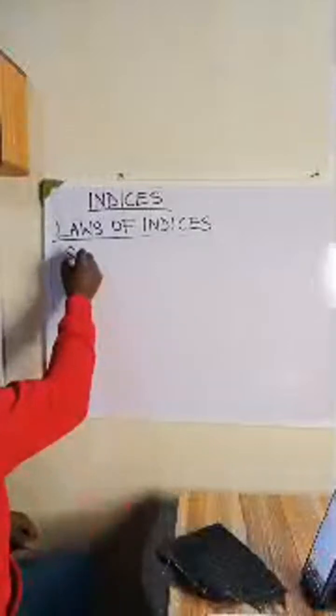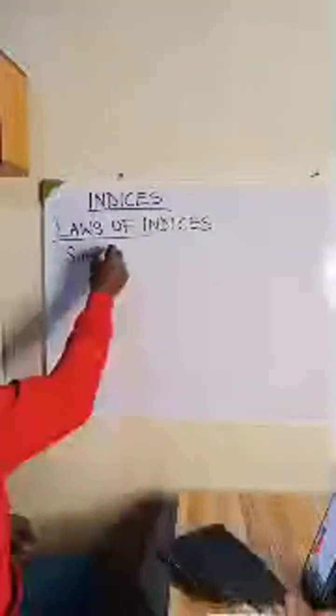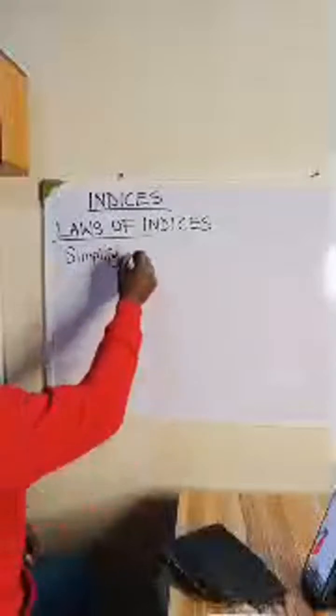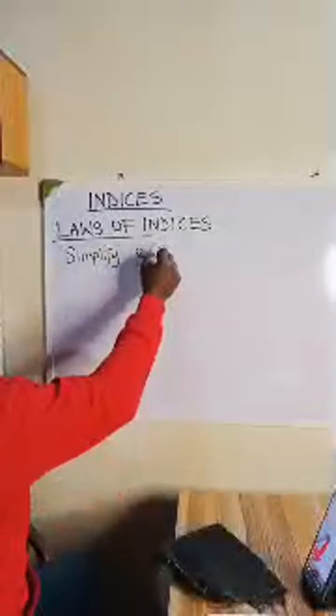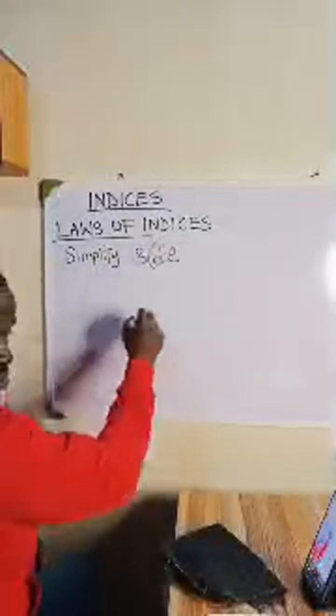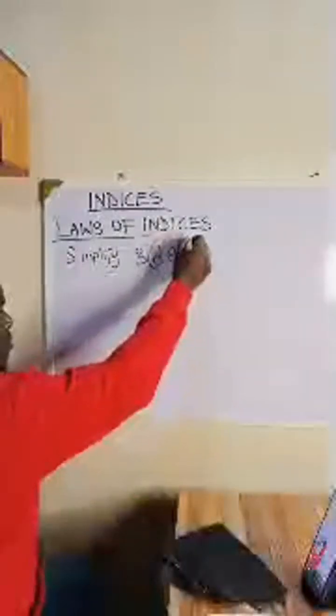So we have the last one. Simplify 3 parentheses d e to the power of 3, raised to the power of 4.